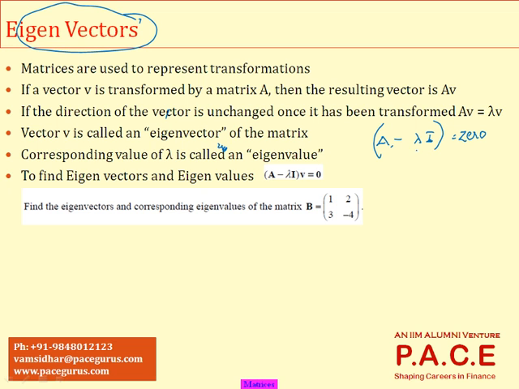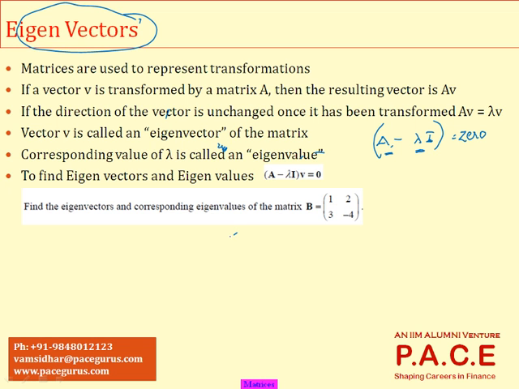Whatever this value of lambdas is, transforming this A by subtracting a lambda I from it, whatever makes it a zero matrix is what we call the eigenvalues.